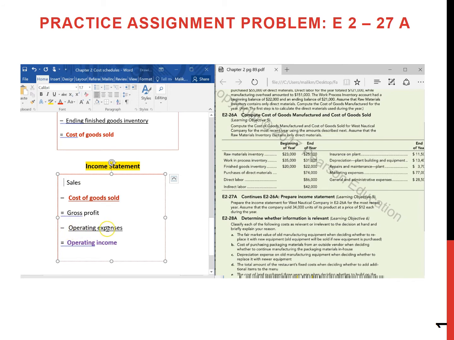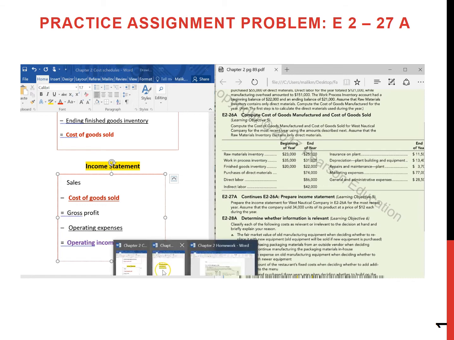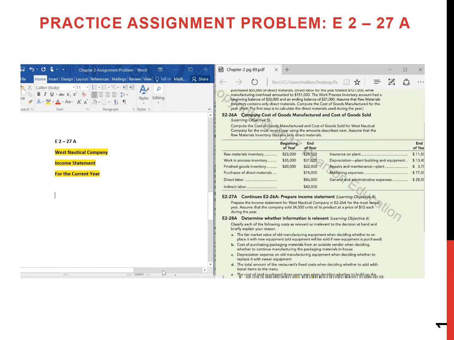And then we'll subtract our operating expenses. For this problem, operating expenses are marketing expenses and general and administrative expense. And this is how you will find your operating income. And if you don't have any interest or tax or any other type of expense, you can also call it your net income. So let's try to do that.